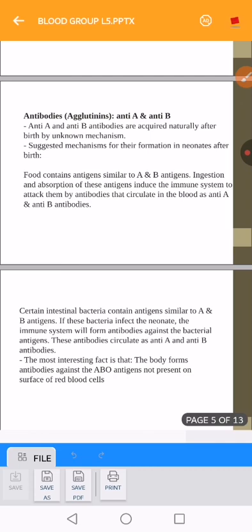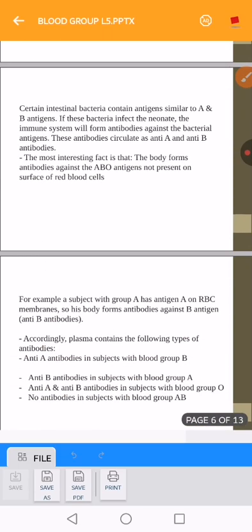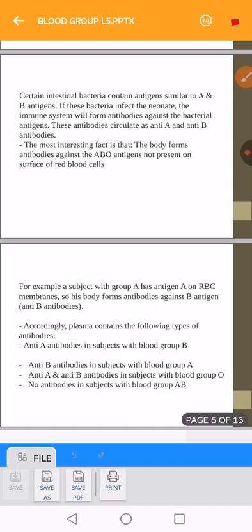So anyone with blood group B has antibody against A, which is not found on the RBCs in that person. For example, a subject with blood group A has antigen A on the RBC membrane, so his body forms antibody against B antigen, anti-B antibody.